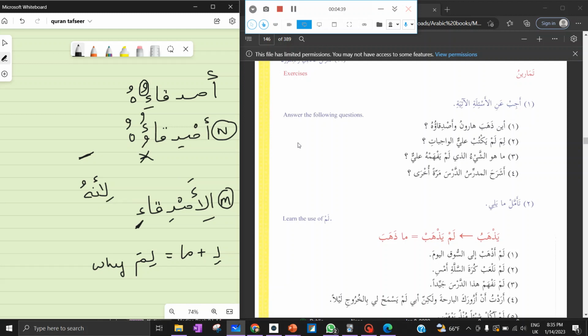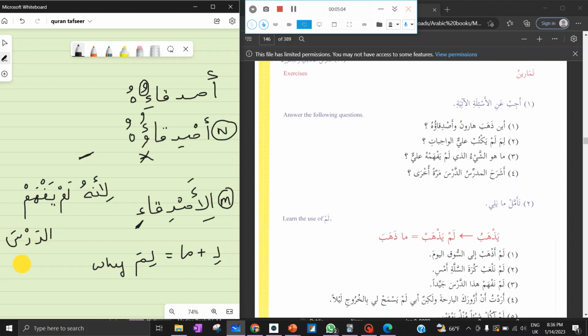Li annahu means because. Why didn't he write? Lam yafham. Li annahu, he did not understand it. Lam yafham. As this is an adatul jazm, it will make the present tense into jazm case, the last letter with a sukoon. Lam yafham ad-darsa. That will be your answer.